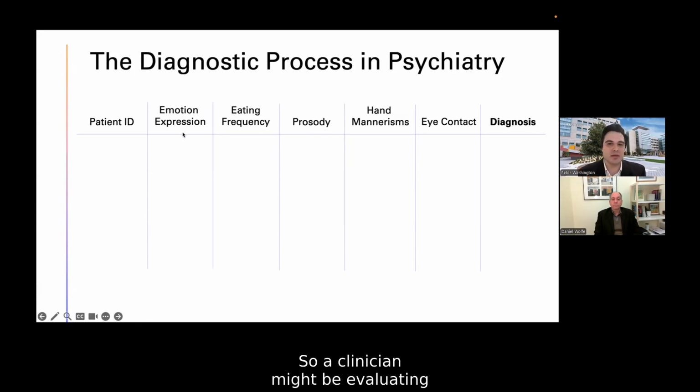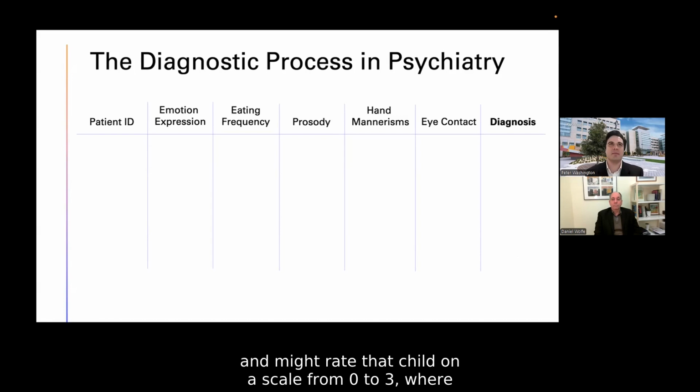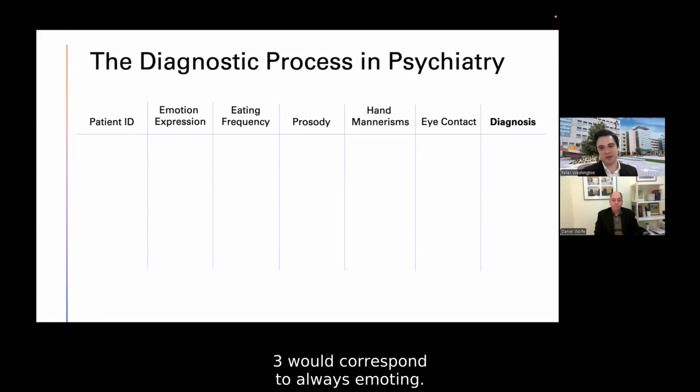So a clinician might be evaluating a child for their emotion expression during conversation, and might rate that child on a scale from 0 to 3, where 0 might correspond to never emoting during conversation, 3 would correspond to always emoting, 1 would be sometimes, 2 would be often.